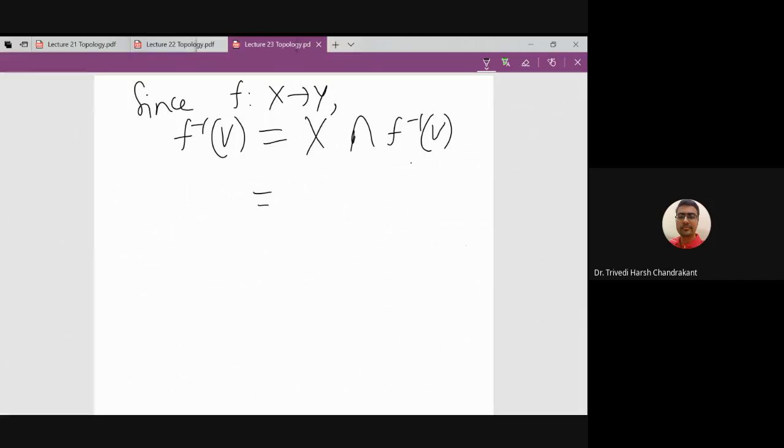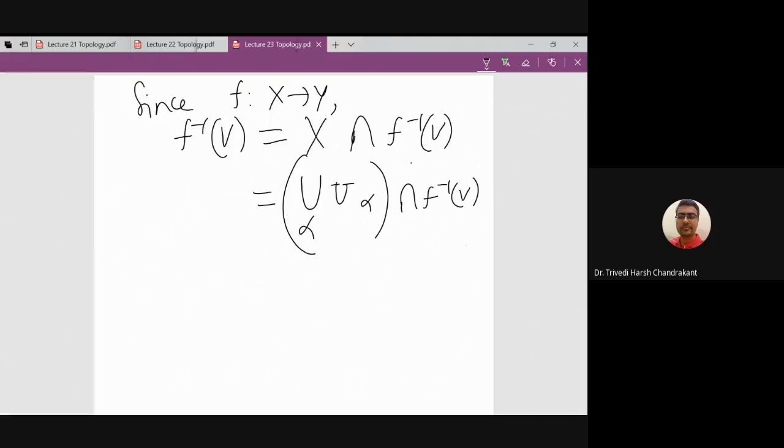And then we know that X is the union of U alpha, intersection F inverse V.